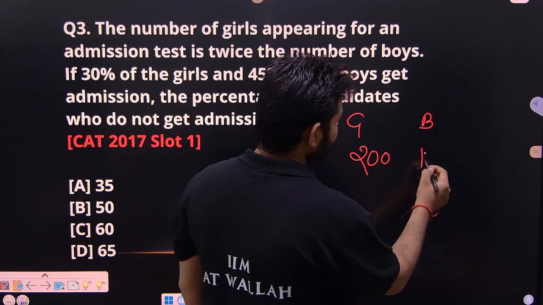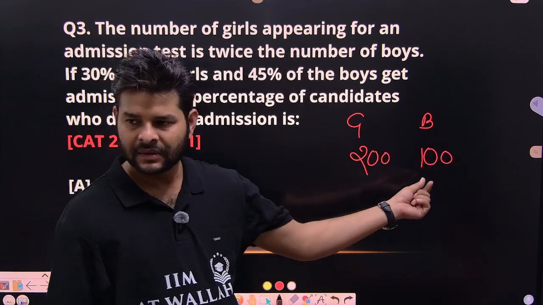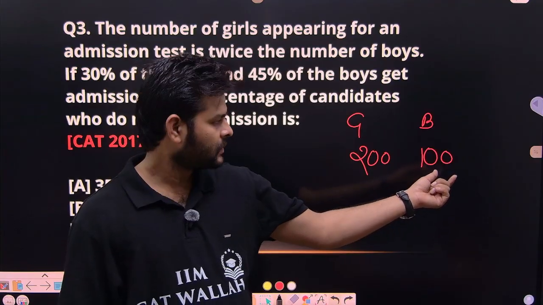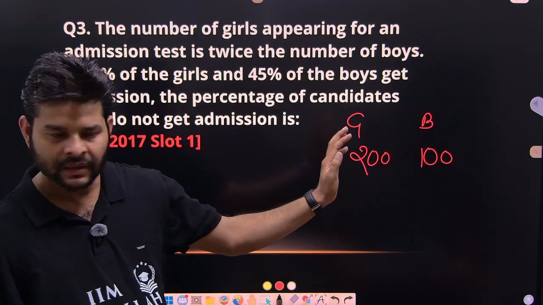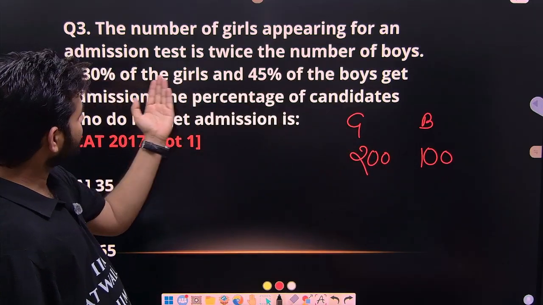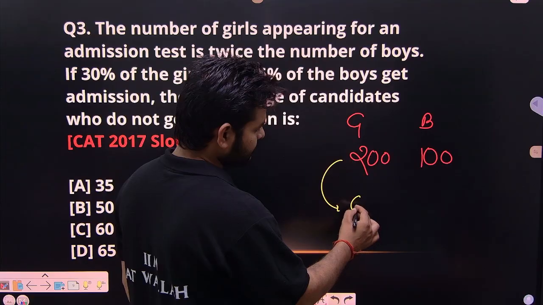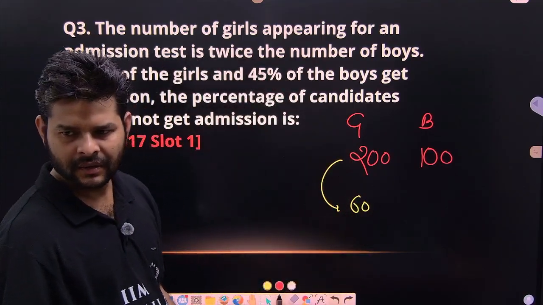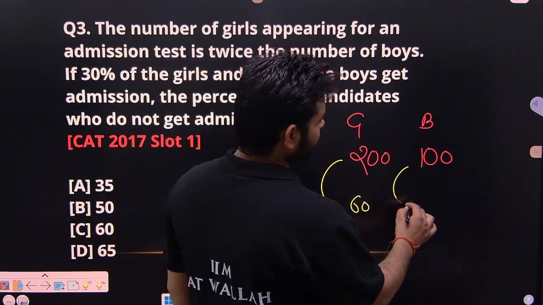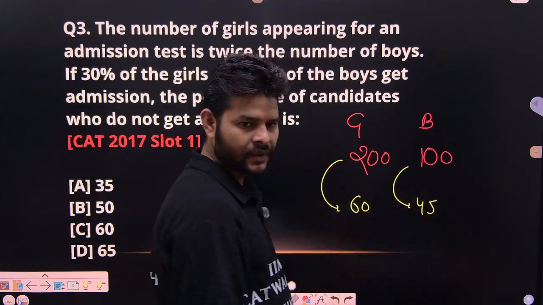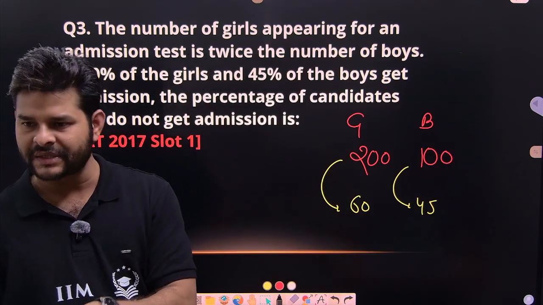That means I am considering that boys must have been 100 and girls must have been 200. Now 30% of the girls, so what would be 30% of that number? 60. Very simple. And 45% of the boys, just directly 45.